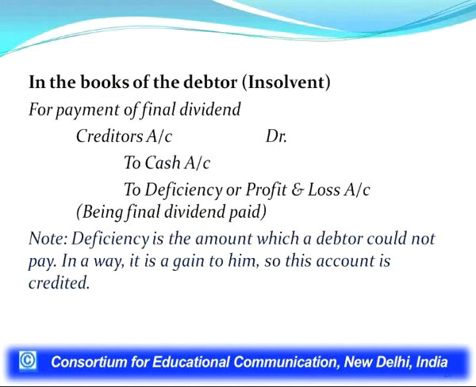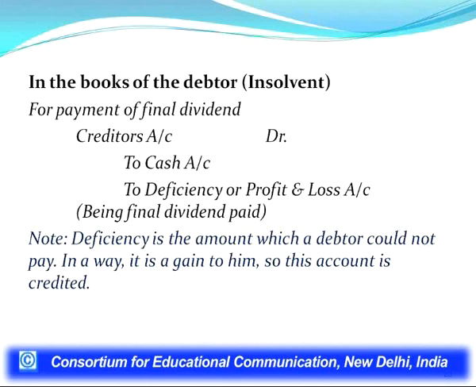But suppose we have to pass the entry in the books of the debtor firm, the insolvent. In the insolvent's books it is a liability which he could not pay in full. So the entry will be creditor's account debit to cash account, whatever amount he has paid, and to deficiency account or profit and loss account.